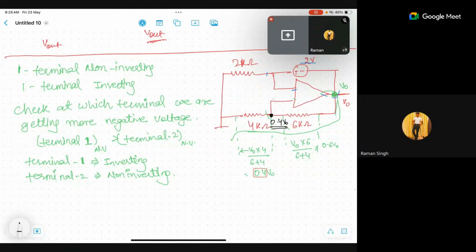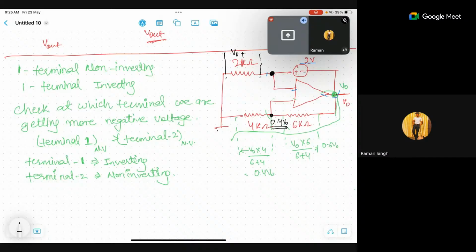Now the second thing is that if V naught is going in this way, at this point we get V naught plus 2 volts dropped across this 2 kilo ohm. Why? Because the voltage after that is grounded. So the voltage at the 2 kilo ohm is V naught, and this V naught will be added with the 2 volts.